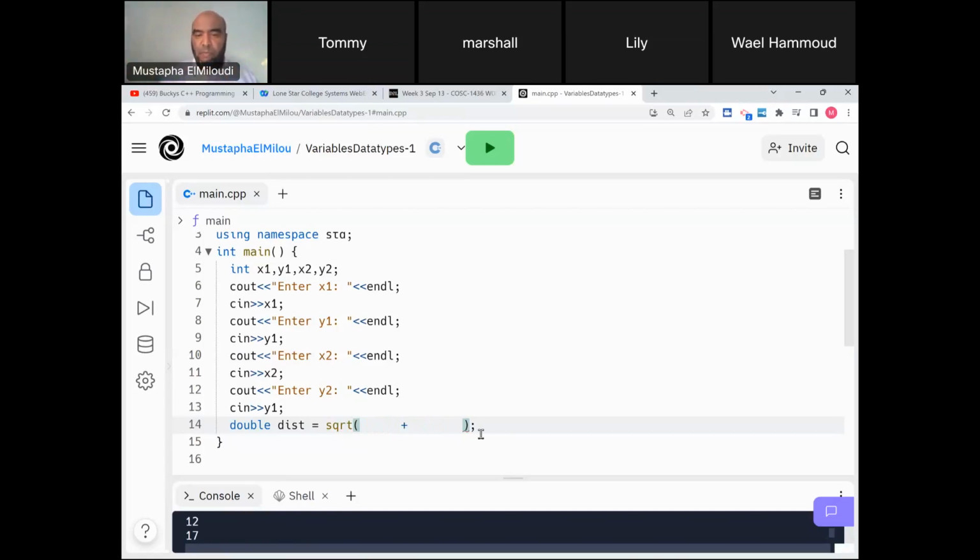So that's why I put this parenthesis. That means everything has to be inside. And then I'm going to use pow, x2 minus x1. That's the base. And the square, I have to put after the comma. This is square. And then I'm going to do the same thing for the other half. I'm just going to copy this because it's the same thing.